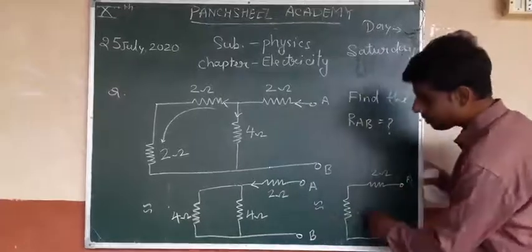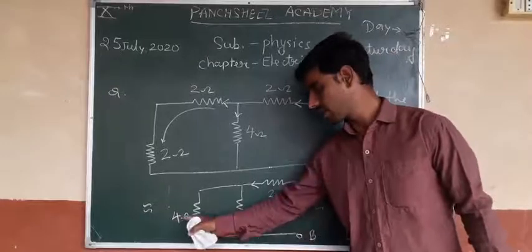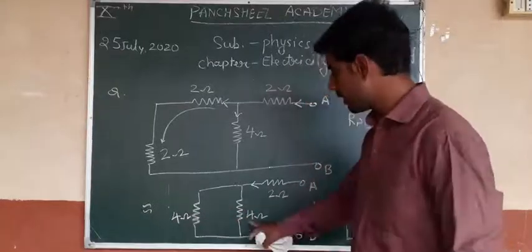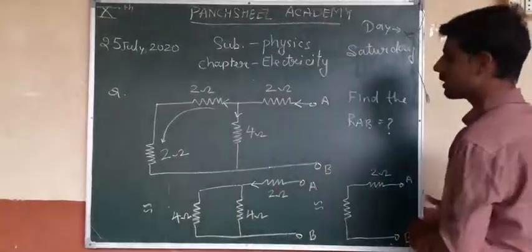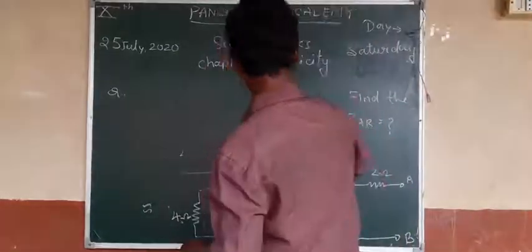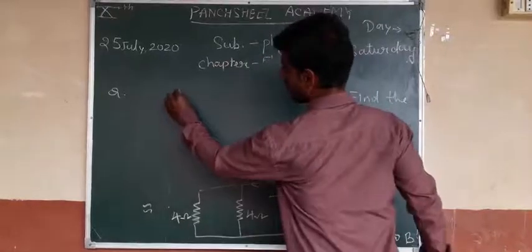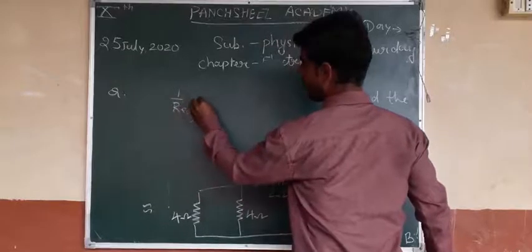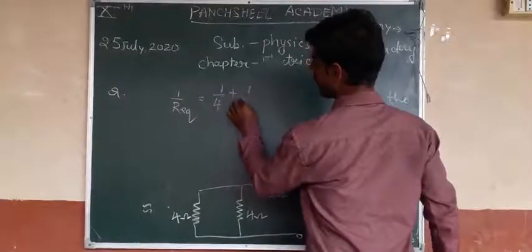And what is the value of this resistance? This resistance is the combination of these two resistances. And how to find the value of these two resistances? These two resistances are in parallel. So how to calculate? We can calculate easily: 1 by R equivalent equals what? 1 by 4 plus 1 by 4.